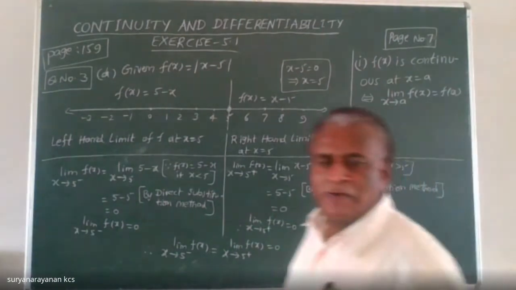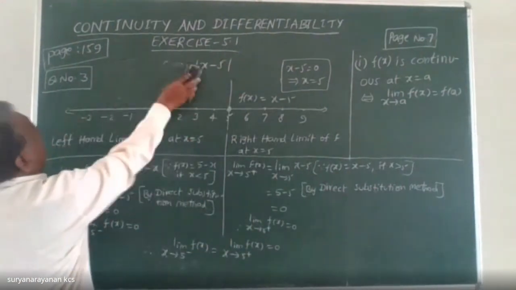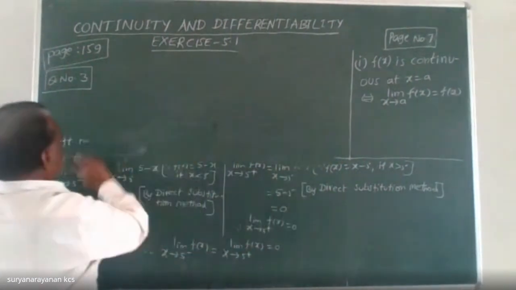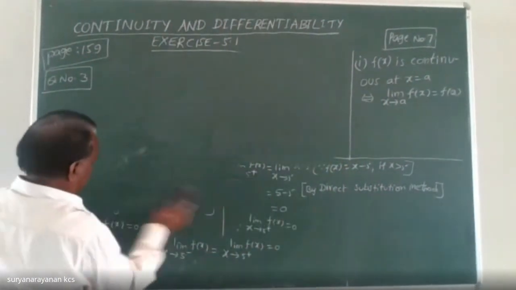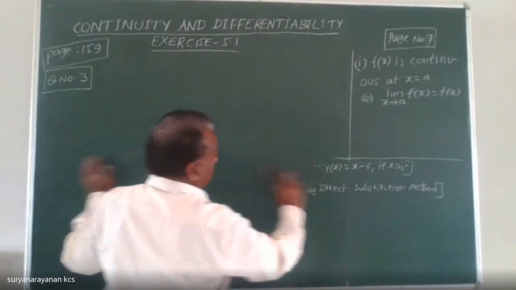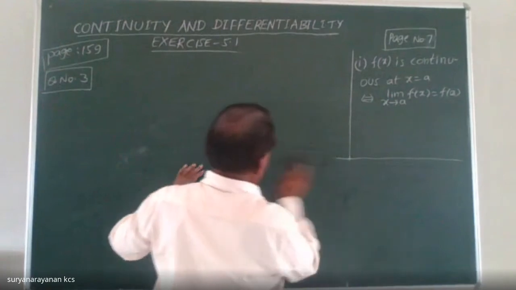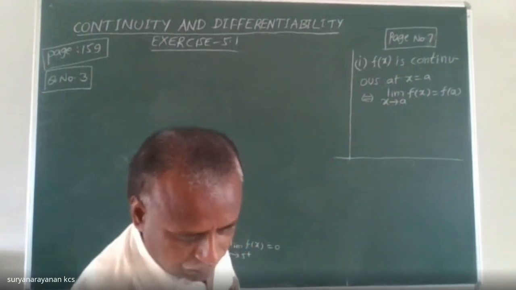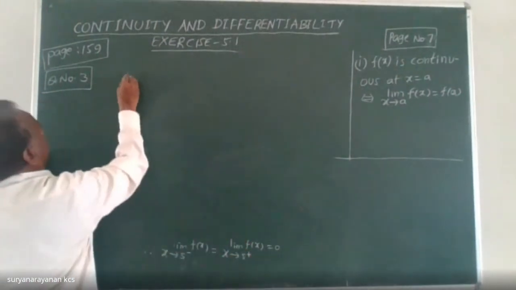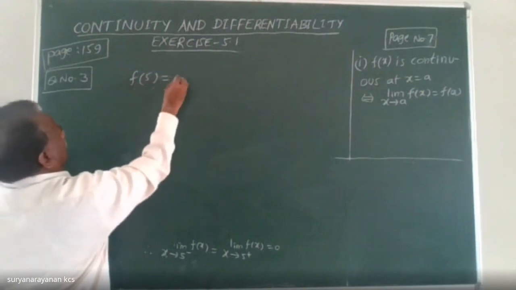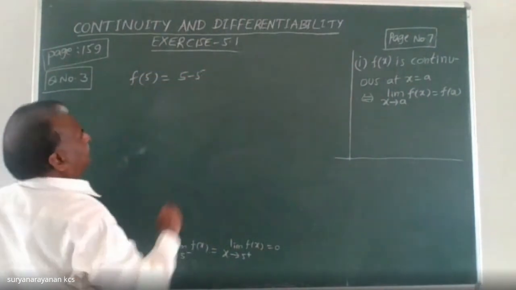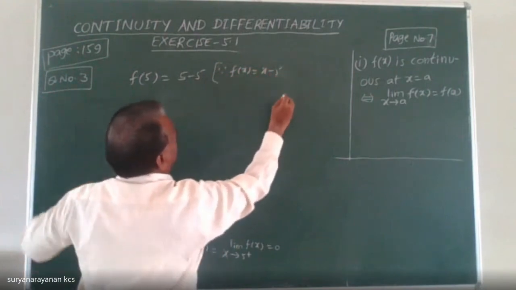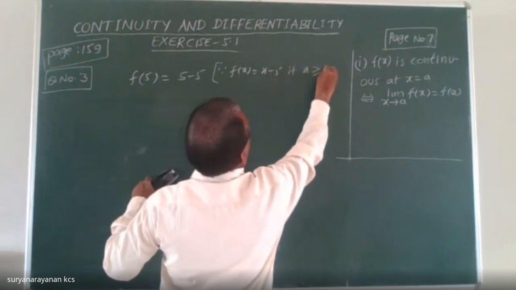Now let us find f of 5. f of 5 is 5 minus 5, because f of x is equal to x minus 5 if x is greater than or equal to 5.